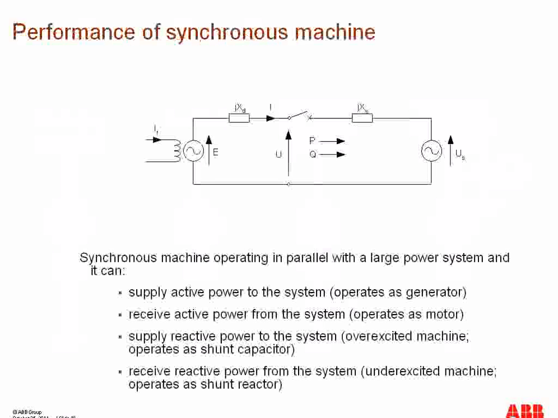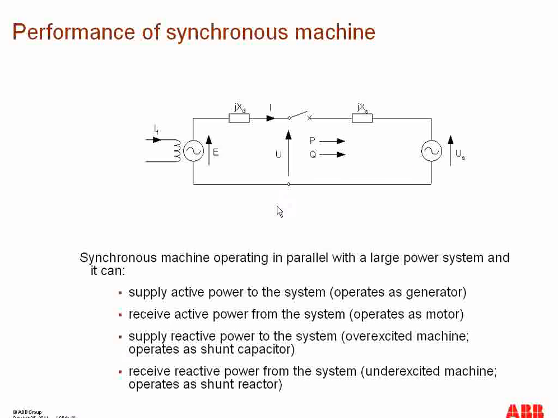Let's have a look at the simplified equivalent circuit of a generator connected with the power system. Right now you can see that this is the EMF voltage generated in the generator. This is the excitation current. This one is the reactance of the generator, and this one is the reactance of the power system, and this is the voltage of the power system.